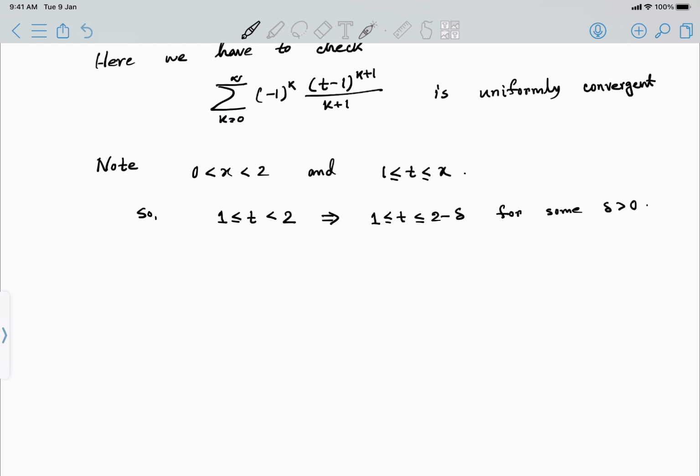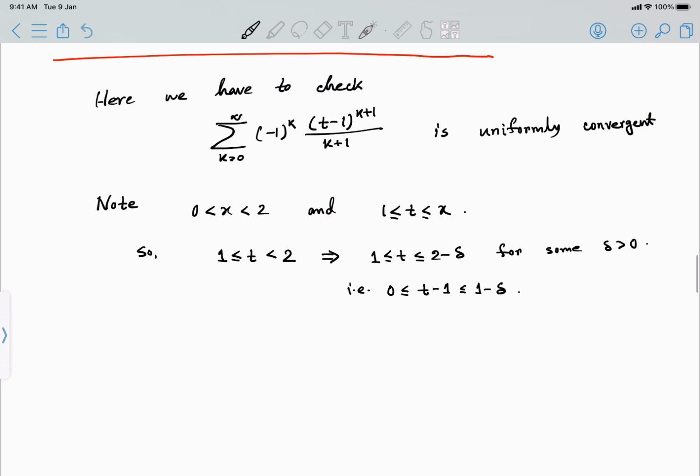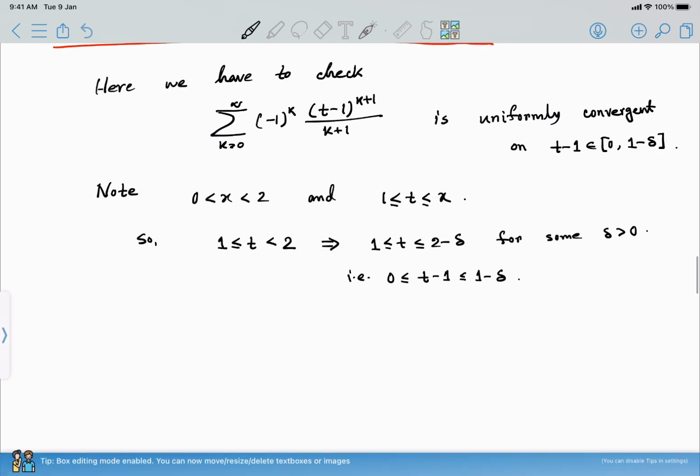So t lies in this range, which implies 0 less than t minus 1 less than 1 minus delta. So we need uniform convergence for t minus 1 belonging to this compact set. There we have to check the uniform convergence.